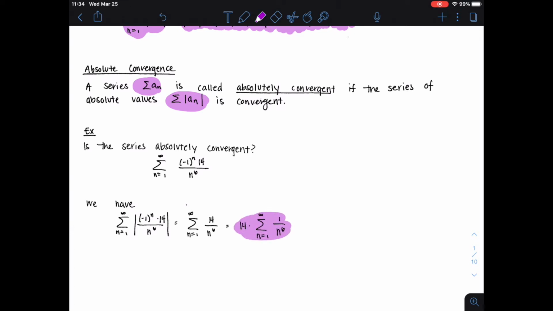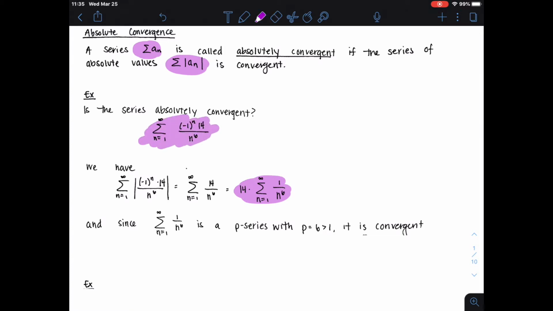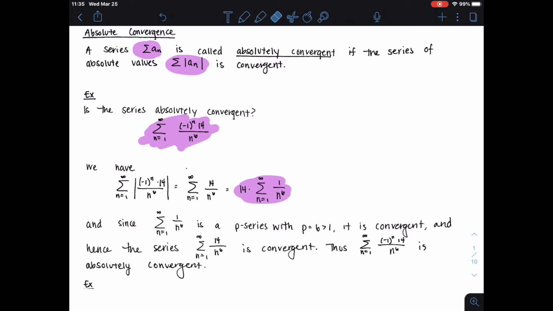So you have a constant times a p-series. But since that has a power that's 6, which is greater than 1, we know it's convergent. So in absolute value, this series converges. So we can say that the sum from n equals 1 to infinity of (-1)^n times 14 over n^6 is absolutely convergent.